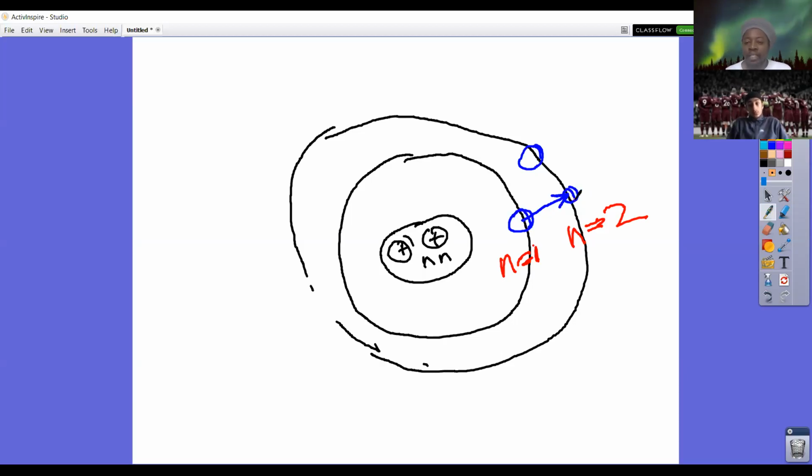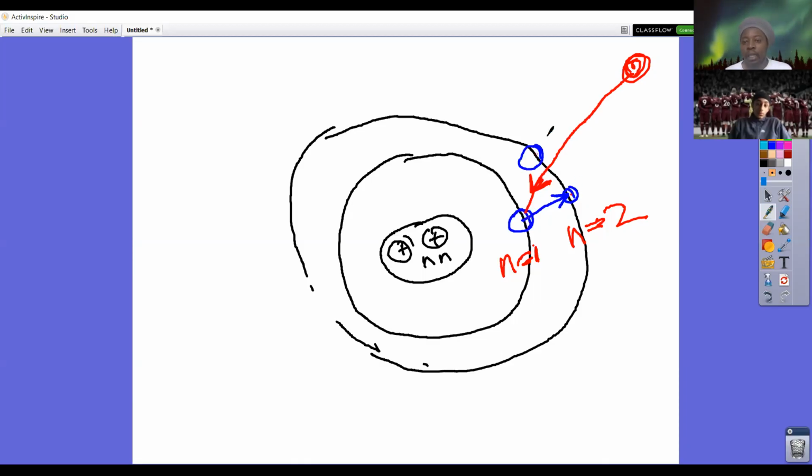Now, there's a number of ways it can get that energy. And one of the ways is by an electron on the outside colliding with it and giving it energy.